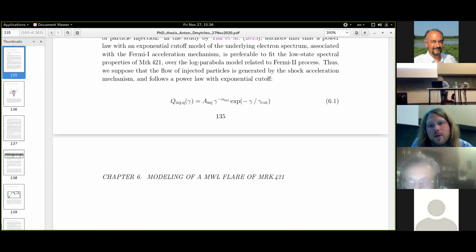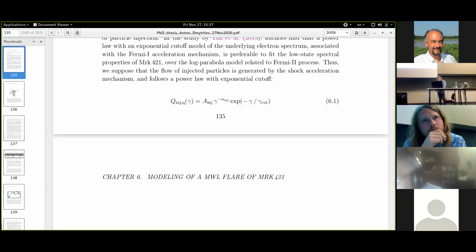This is the number of particles entering the volume of the entire emitting region per unit of Lorentz factor per unit of time. But such a number of particles is injected in each cubic centimeter of your bubble volume. Of course it's not like that, it is more complex. It can be inhomogeneous, it should be inhomogeneous. Your kinetic equation doesn't depend on coordinate, which means you must have homogeneity.